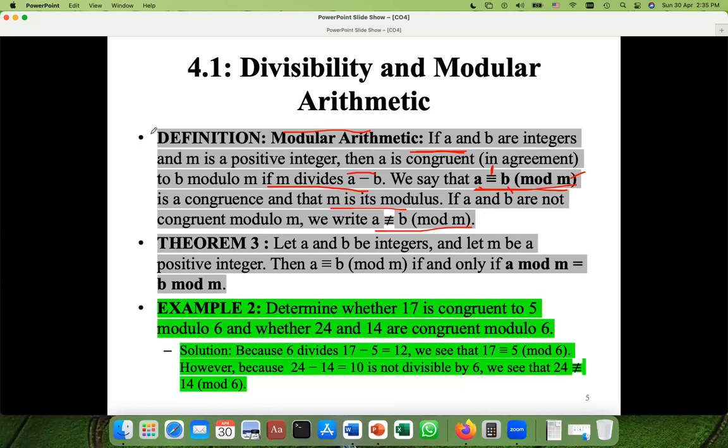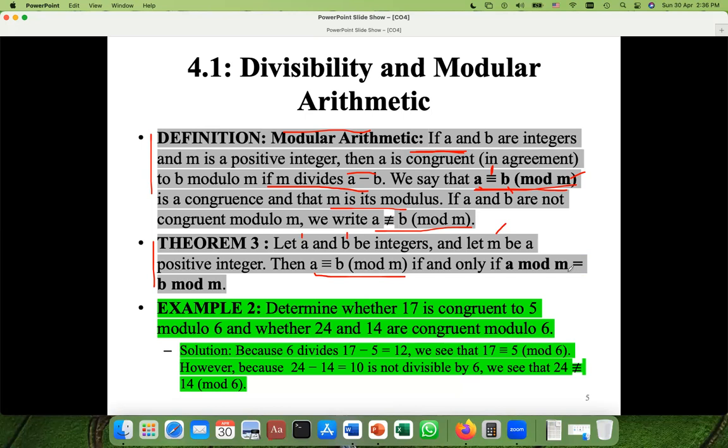So this was the definition, and now it's a related theorem, theorem 3. Similarly, we have two integers A and B, and M is a positive integer, as we said earlier in this definition. Then A congruent to B mod M, this congruence will hold. What is the condition?